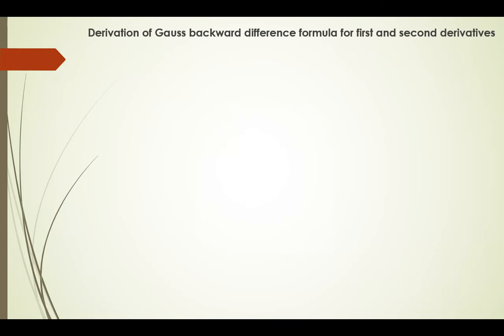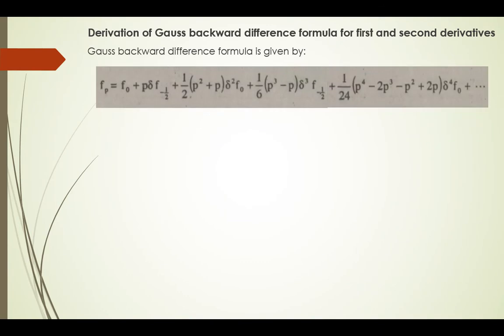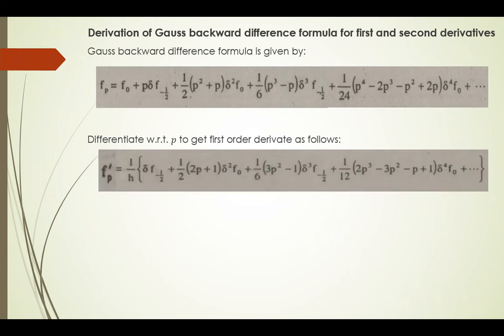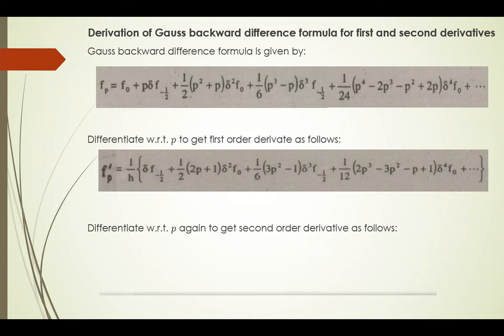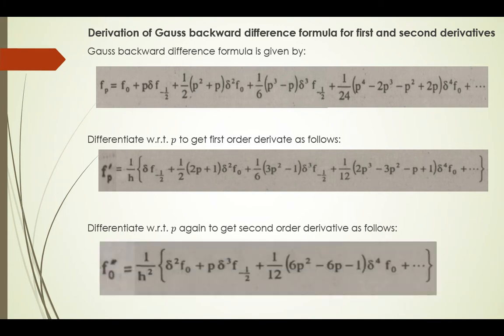The last one is the Gauss backward difference formula to find the first and second derivative. We know from the previous chapter that Gauss backward formula is this one. Differentiate this formula with respect to p to get the first derivative, which is this one, and differentiate this first derivative with respect to p to get the second order derivative, which is this one.